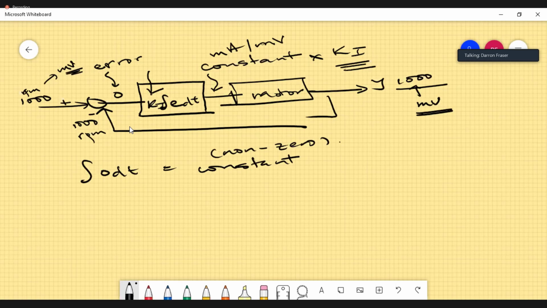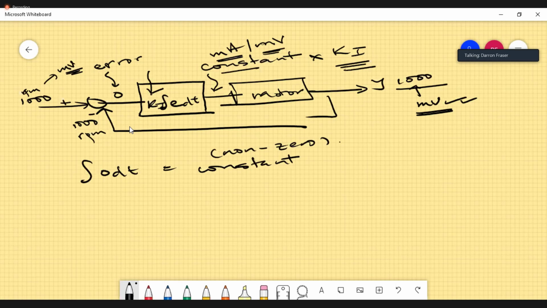The sensor is going to change the voltage detecting the speed, so it's of the order of millivolts or milliamps. When the error is detected and we integrate it, the constant we get is still of the order of millivolts and milliamps.